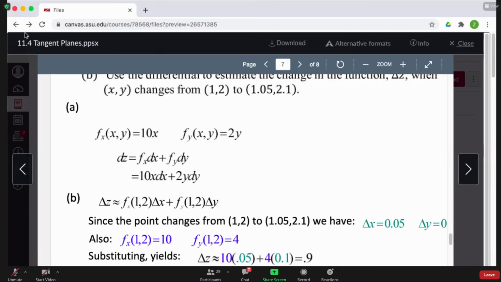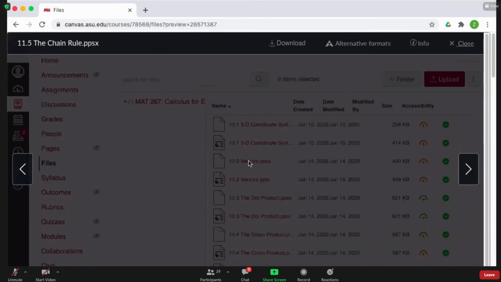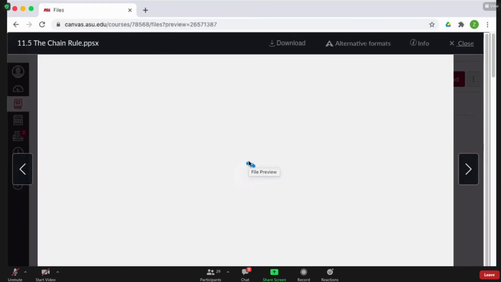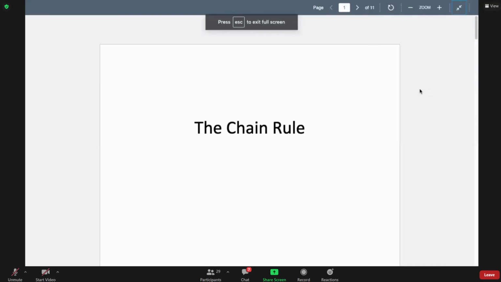Chain rule, it's here. Okay, chain rule. Can you see it? We can see it.